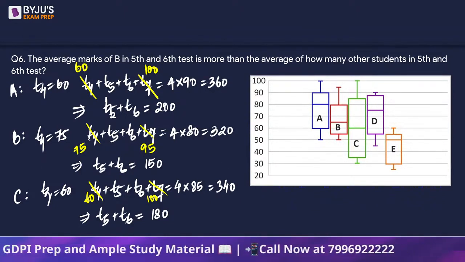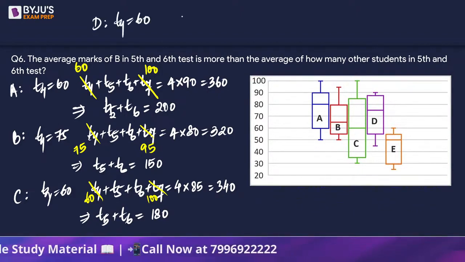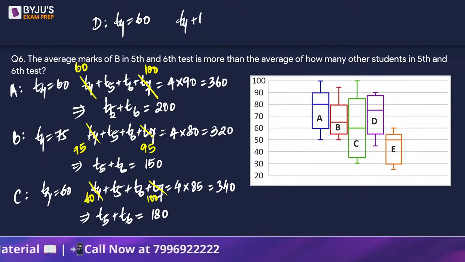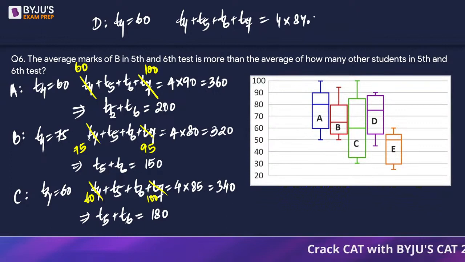Next, let's find out D. D का T4 is 60, हमें पता है. और T4 देखो, see, I'm writing down everything. While solving in the exam, we are supposed to not write down everything. ये T4, T5, T6, T7 जरूरत नहीं है. So this is going to be 4 into the upper value, which is 87.5, right?